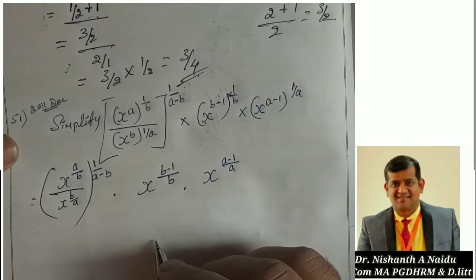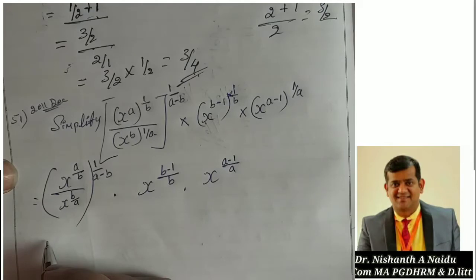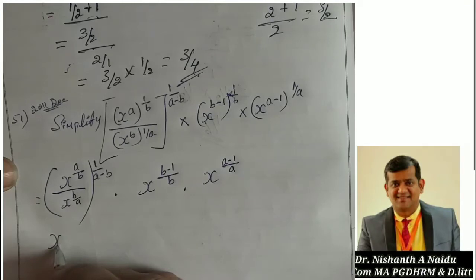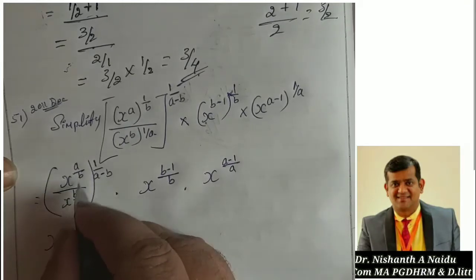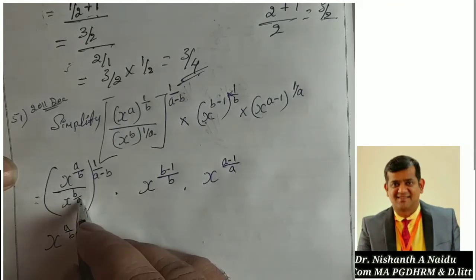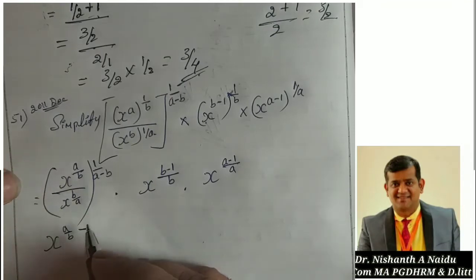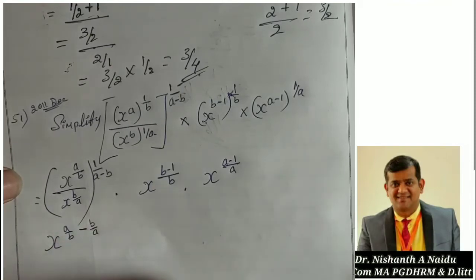After this step, we are further going to simplify. That is x to the power of a divided by b, minus b divided by a. The power of the denominator is coming to the numerator power, that is why this becomes minus b divided by a.